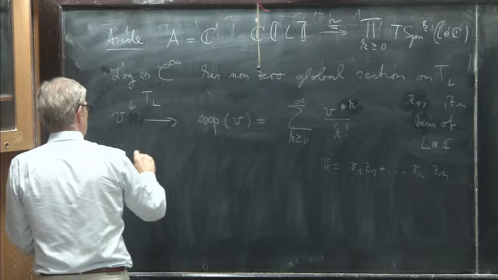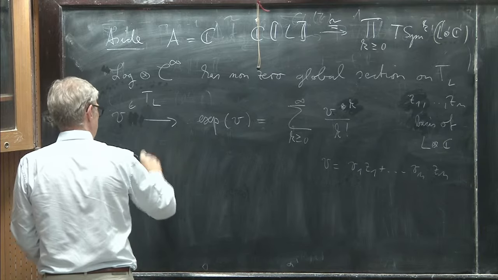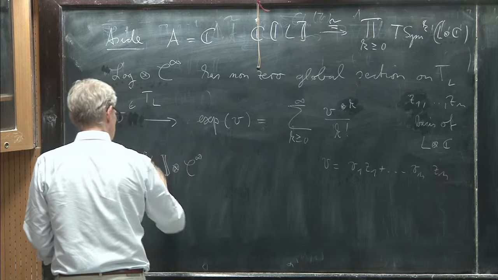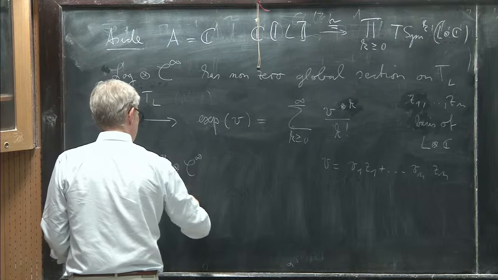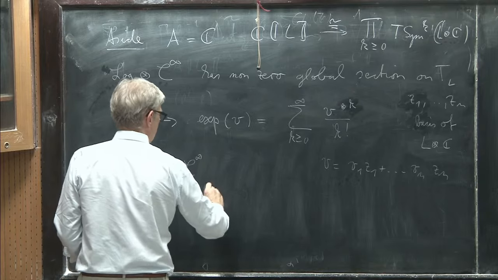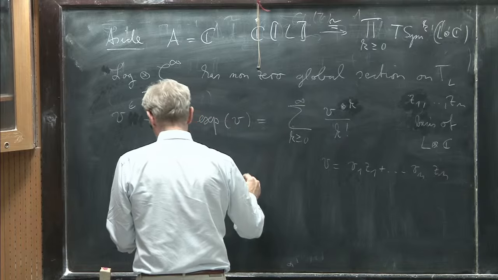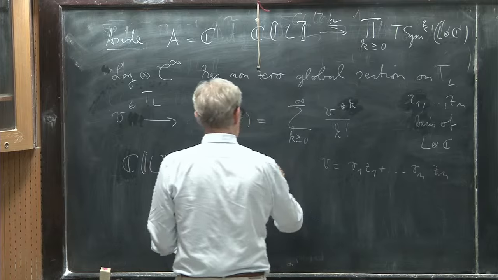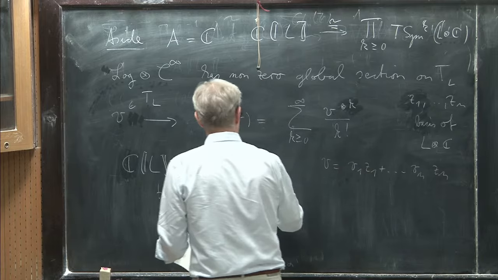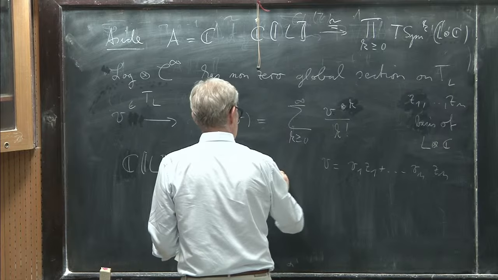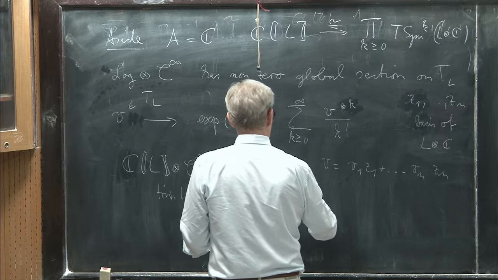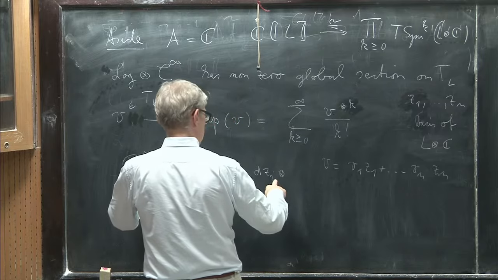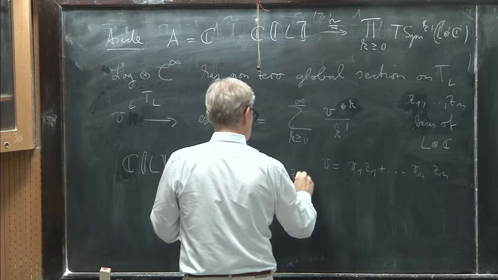So a C-L with C infinity sections. This is with trivial L action. And the connection here is d minus the sum over j from 1 up to n of dZj tensor the variables Zj.